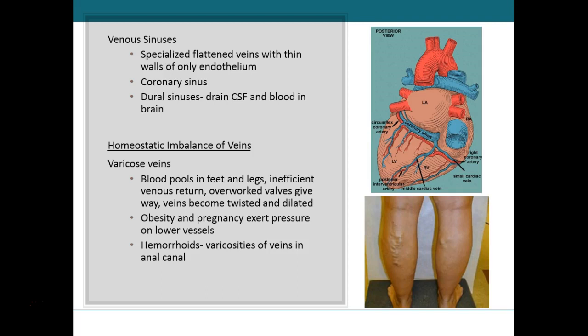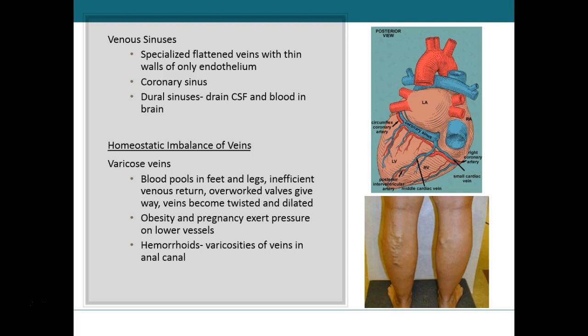The leaking valves allow backflow of blood from the deep veins to the less efficient superficial veins, and that's where the blood pools. This creates pressure that distends the vein and allows fluid to leak into the surrounding tissues. As a result, the affected vein and the tissue around it can become inflamed and very tender. Veins close to the surface of the leg, especially the great saphenous vein, are very susceptible to varicosities, varicose veins.